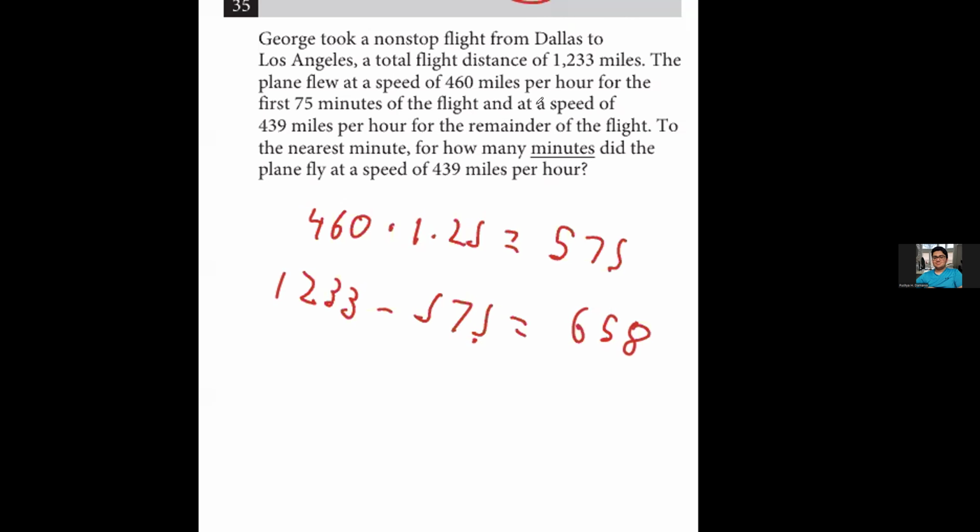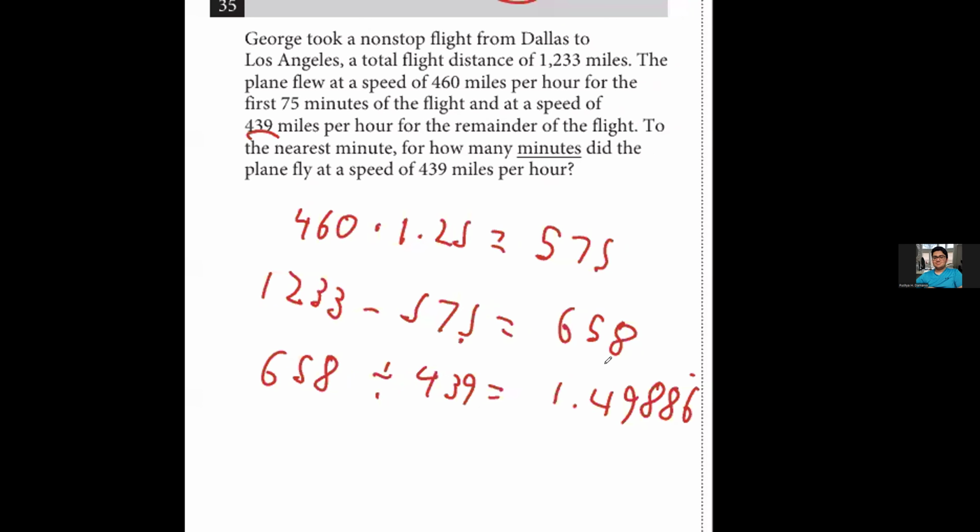And then it says the remainder was at 439, so we have 658 and we divide that by 439, which is equal to 1.49886. This is how much it is in hours.